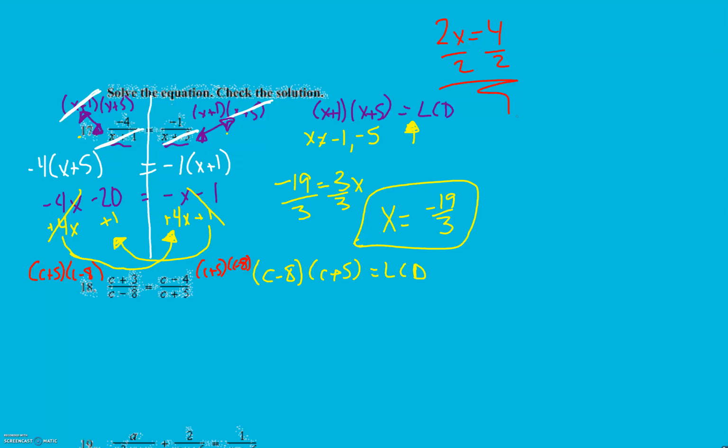As long as we do the same to both sides, we keep them equivalent. So here, C minus 8 and C minus 8 cancel. C plus 5 and C plus 5 cancel. What I'm left with is C plus 5 times C plus 3 equals C minus 4 times C minus 8.